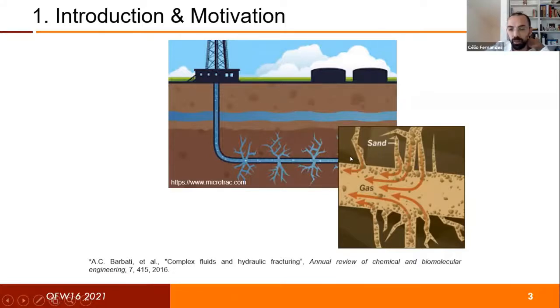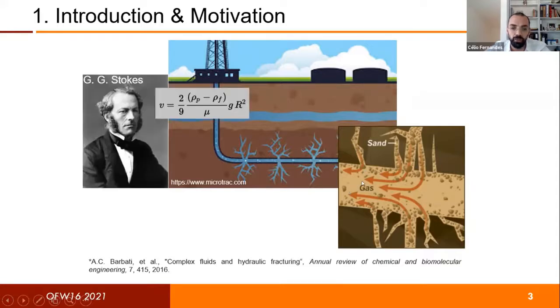Normally this suspension is characterized with a Newtonian fluid, but we want to understand how the elasticity can change the behavior of this process. The first theoretical result that we have from the literature is from Stokes, where he derived the sedimentation velocity of a particle, and this can be very well validated in detailed and fully resolved solvers.